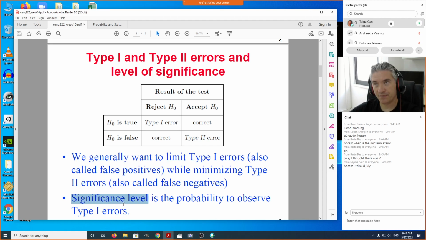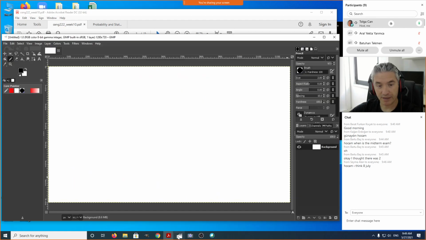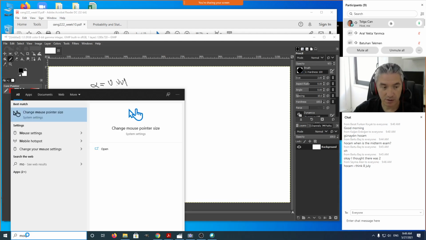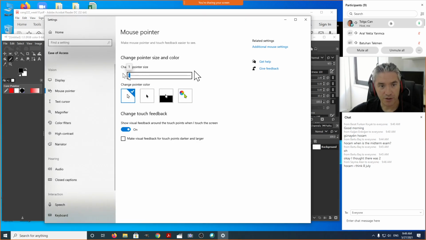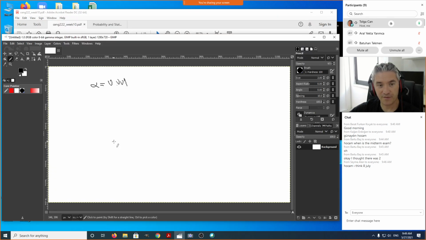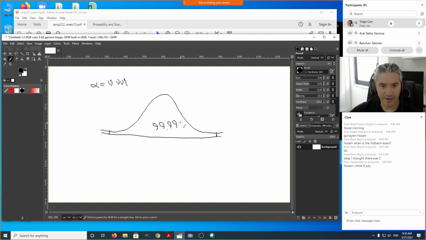So when the significance level alpha is equal to 0.001, the null distribution has an acceptance region, and if we are conducting a two-sided z-test, it means that we want the acceptance region as large as possible. 99.9 is going to be here, and this part is going to be 0.001 divided by 2 on each side.